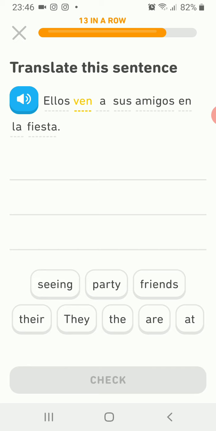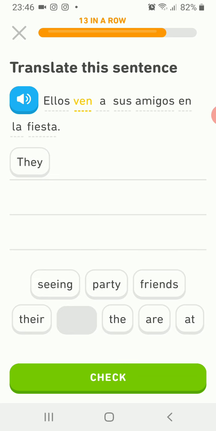Ellos ven a sus amigos en la fiesta. Ellos ven, so they ven, it's vengo, it's to come, I guess. Ven, veo. A ver, it's the verb ver.